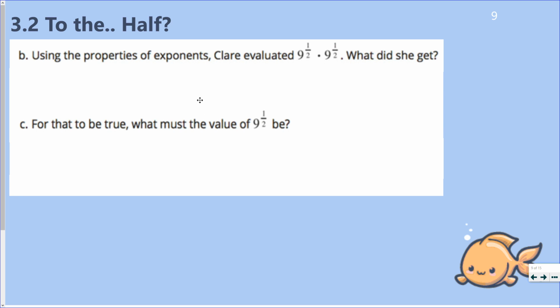We already know that the exponent properties work, so we can take 9 to the half and multiply it by itself, even though we don't know its value. We do that all the time with x, don't we?